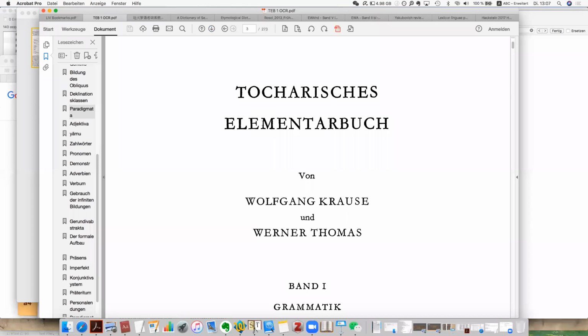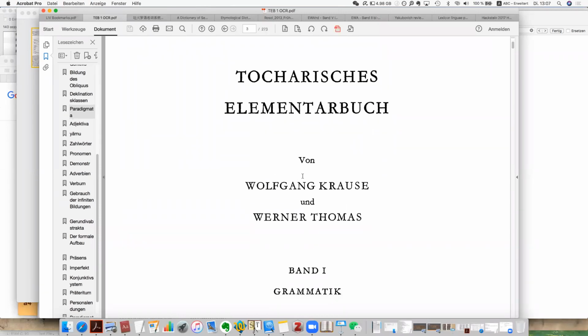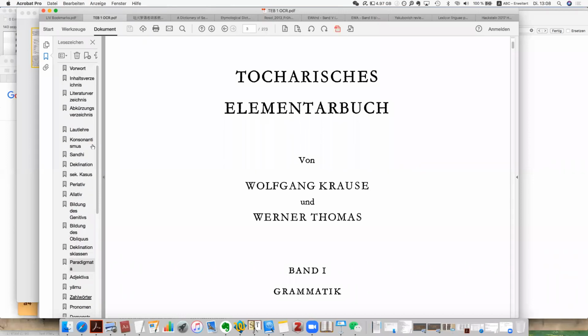You can take this section as a German reading class, since we are going to read some passages from this textbook. Some of you might have attended my German Tocharian class yesterday, so you probably know some information about the structure of the textbook, but probably not all of you, so I will still introduce it a little bit.